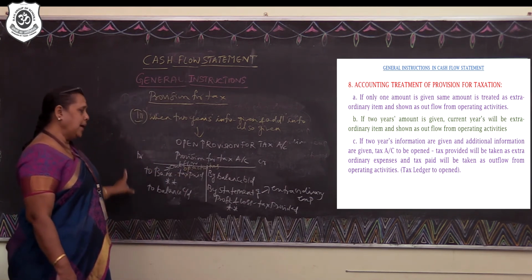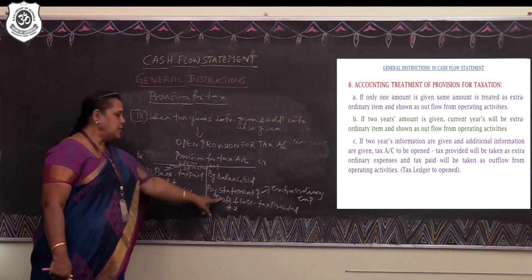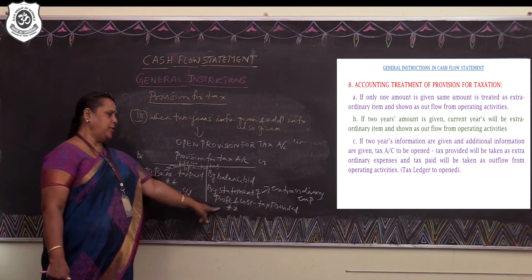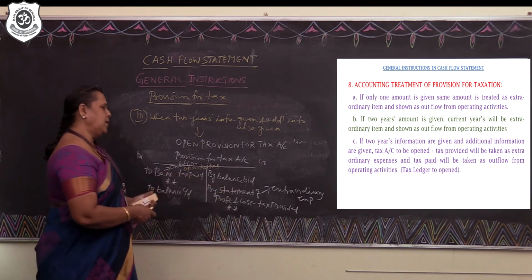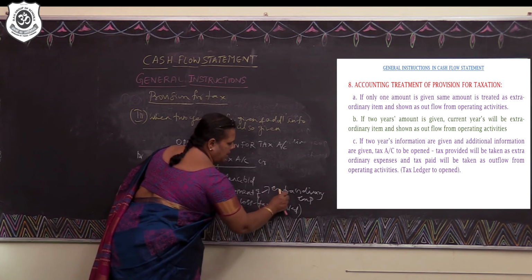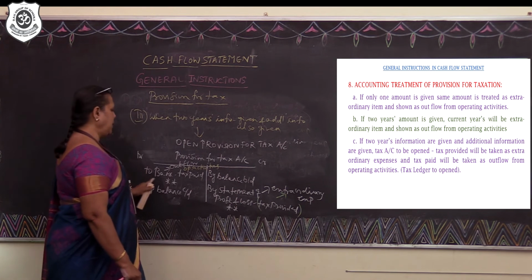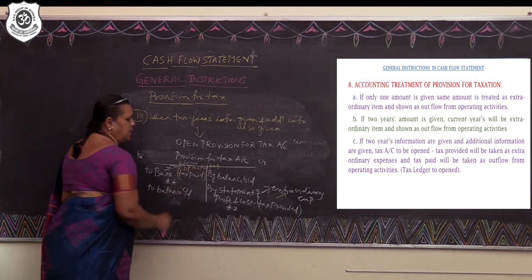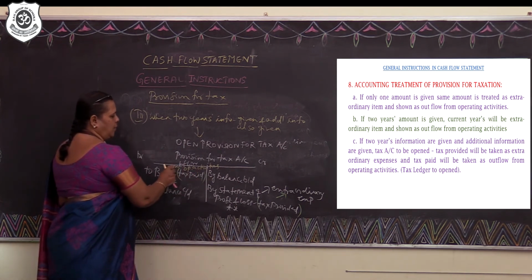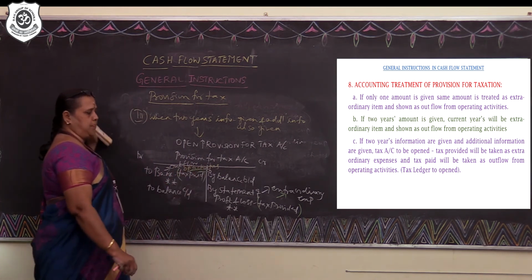So, you may get either of it as missing figure. And if it is going to be by statement of profit and loss, tax provided during the year, then this will be treated as an extraordinary expense in the cash flow statement. And if it is going to be tax paid as the balancing figure, it will be treated as an outflow from operating activities.